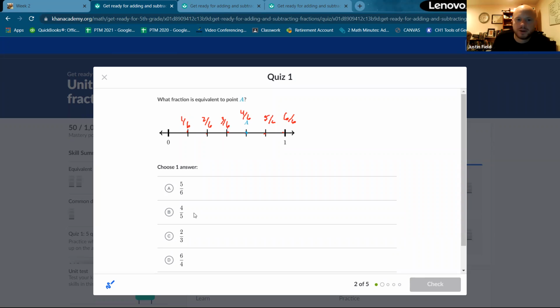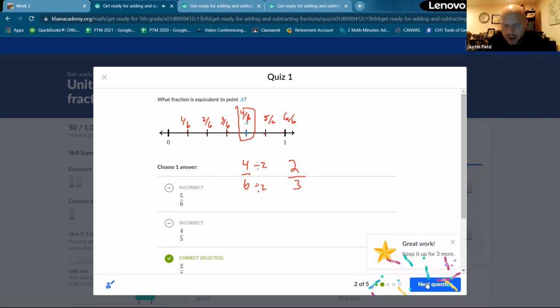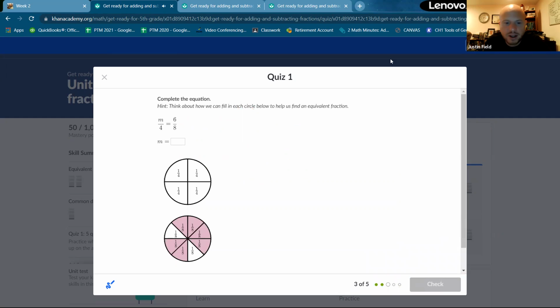They're trying to trick me. So 4/6 is the answer, but I don't see it in there. And you know why? Because we can divide 4 and 6 by the same number. That number is 2. We can divide both of those by 2, and then it would reduce our fraction to 2/3. Great question, Khan Academy.